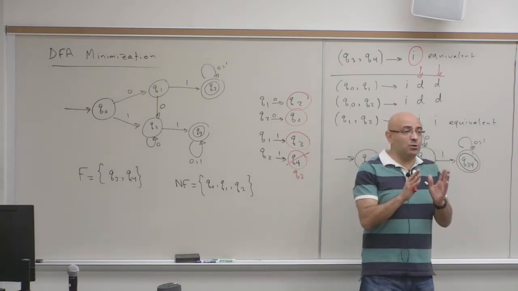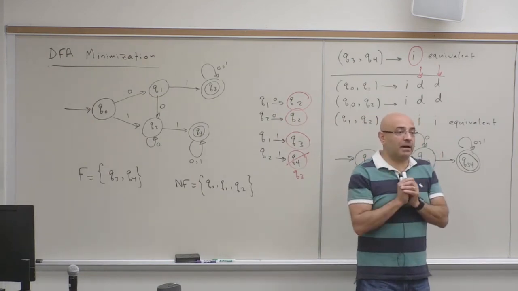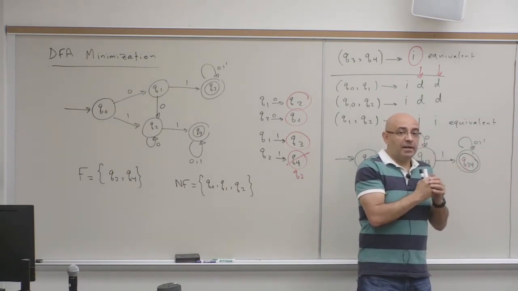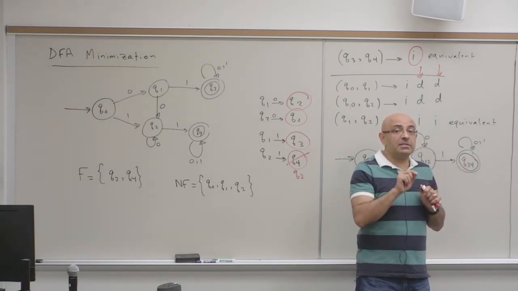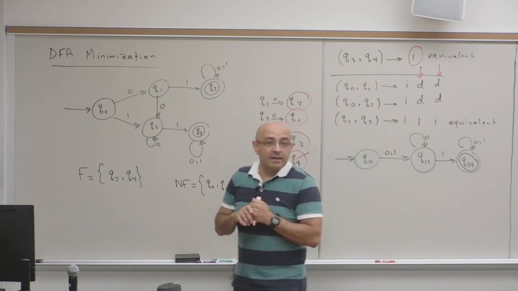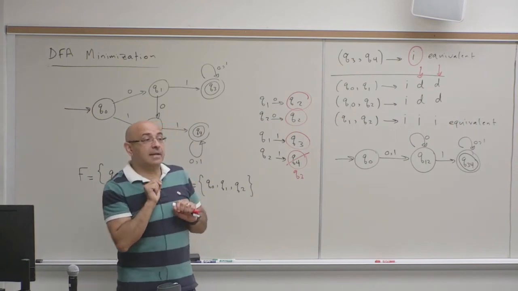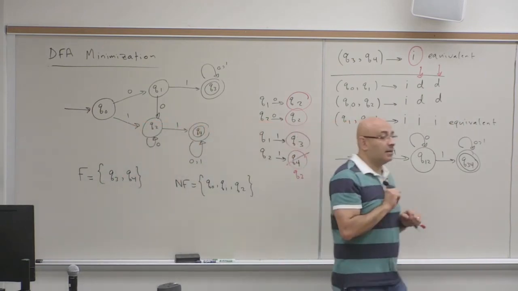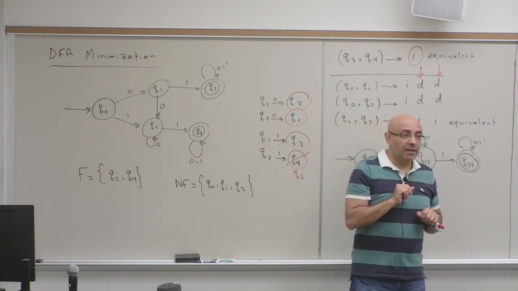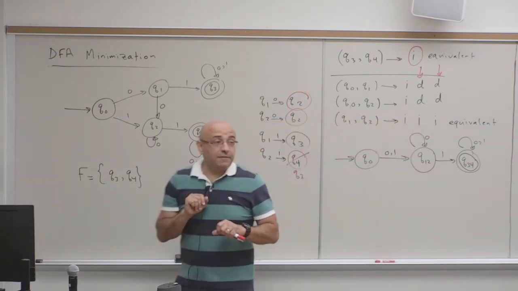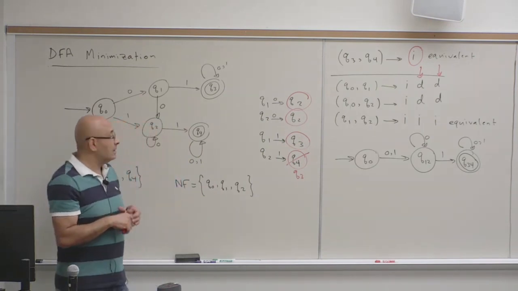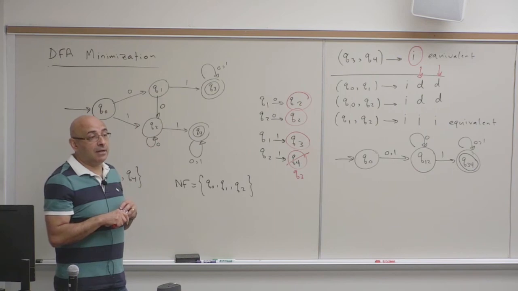It just assumed that all accept states are equivalent, all non-accept states are equivalent. Then it analyzed the transitions from each pair of states. If there is any difference in the transitions, then these two states are distinguishable. If there is no difference, then they are indistinguishable.